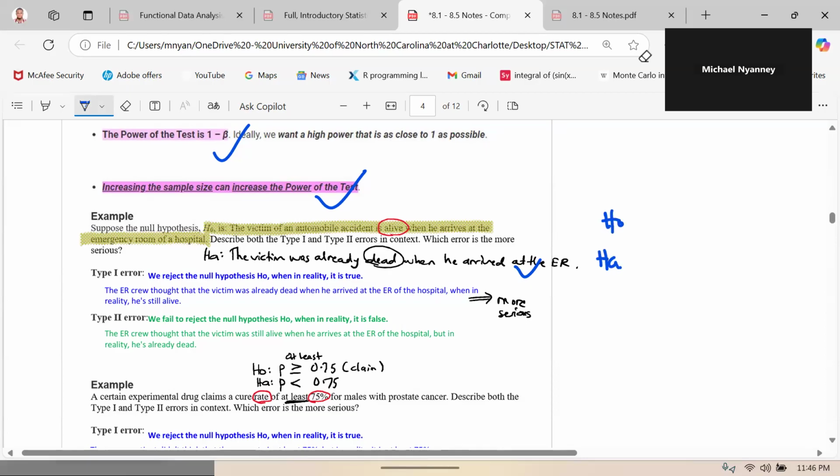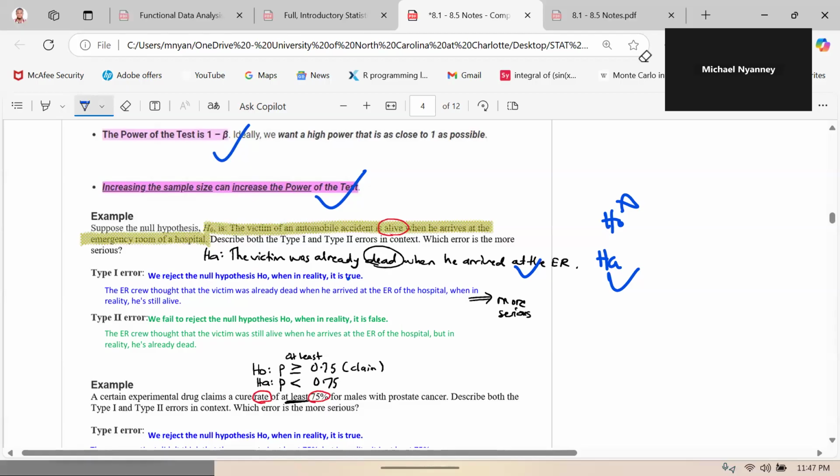Your HA. Now, a type 1 error means that you think it is this, but meanwhile it is that. So we reject H naught, and meanwhile H naught is true. If you reject H naught, then it implies that you are conforming to HA. So we reject H naught when in reality it is true.